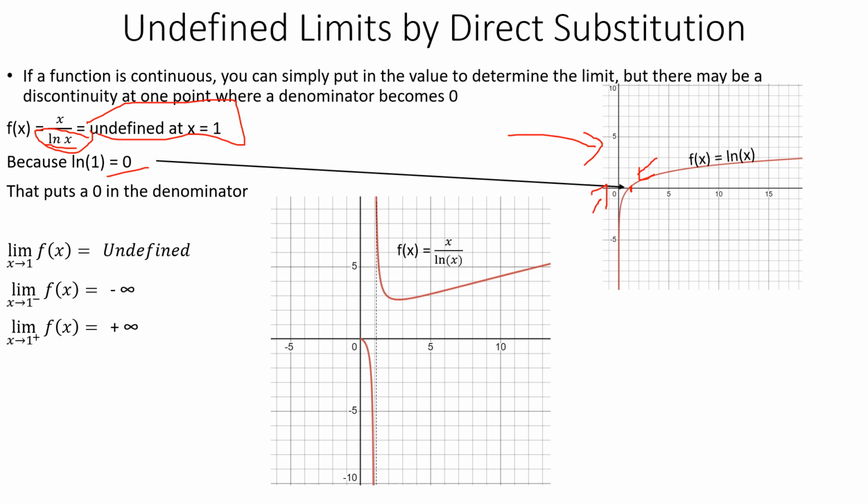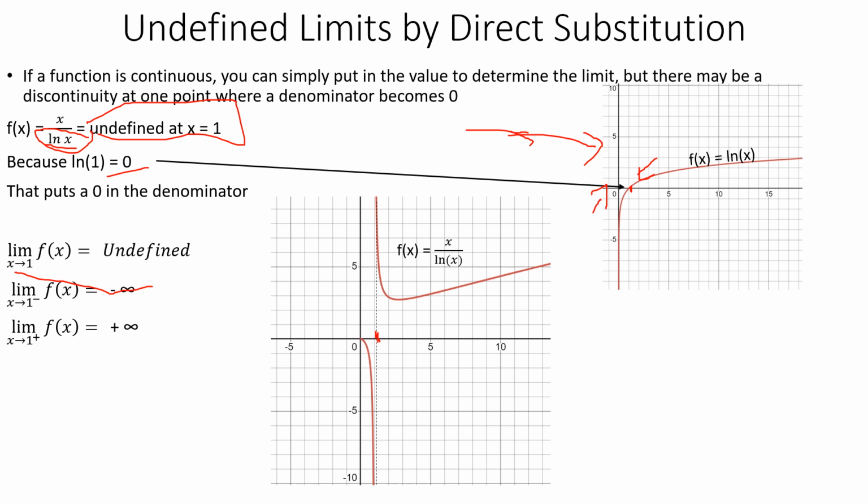And then the other thing I want you to notice here, let's look at 1. X approaches 1. It cannot be 1. Why? I've got a vertical asymptote right here. This is that x over ln x. This is the original natural log. This is x over ln x. I can't be 1 because that gives me the 0 we were talking about.